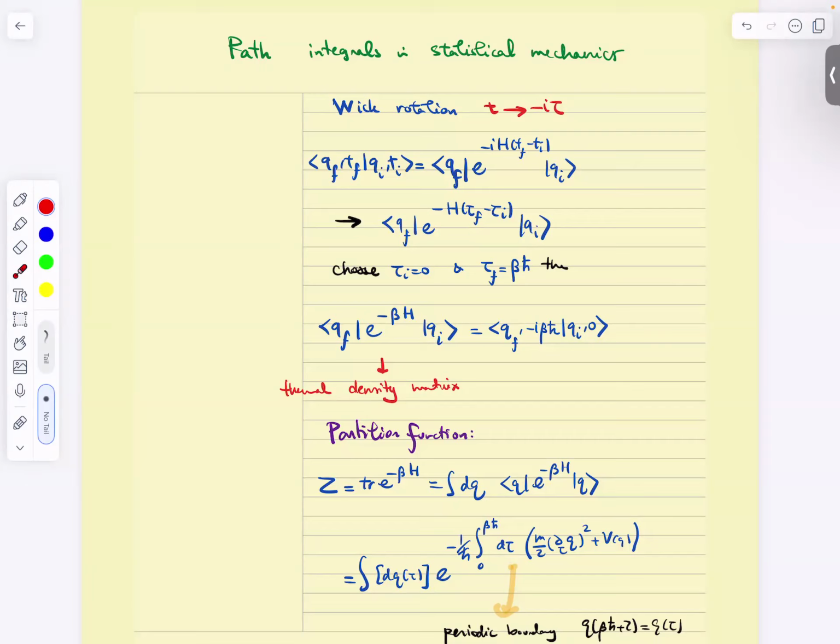If you do a Wick rotation, you're going to get e to minus (tau_f minus tau_i) H over h bar between u_f and u_i.